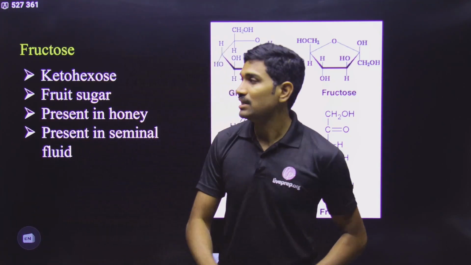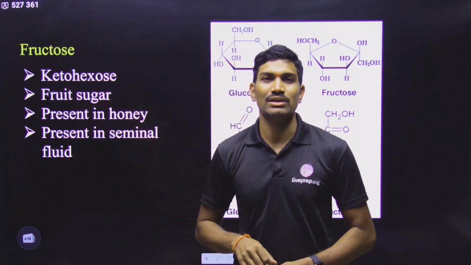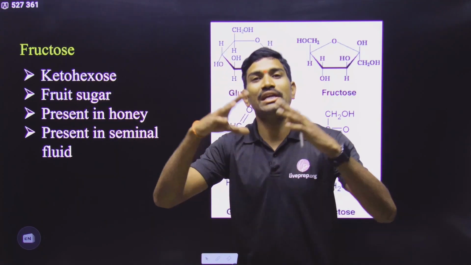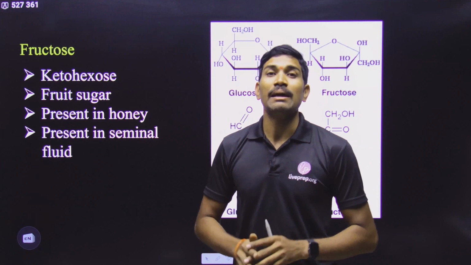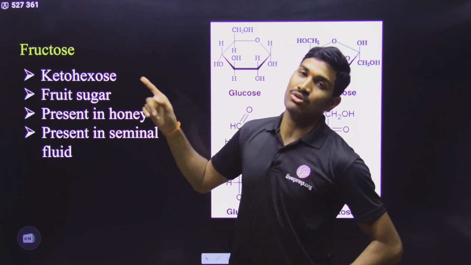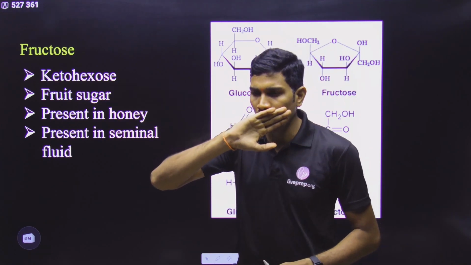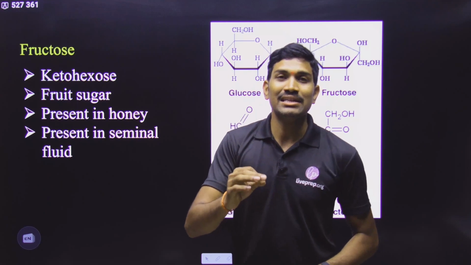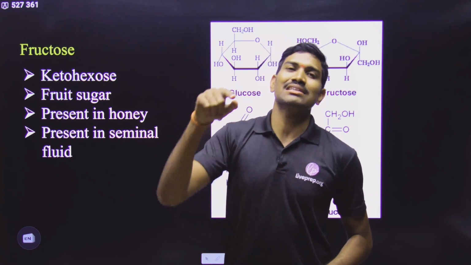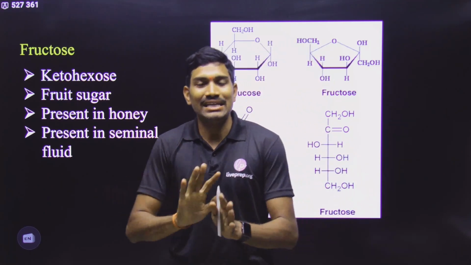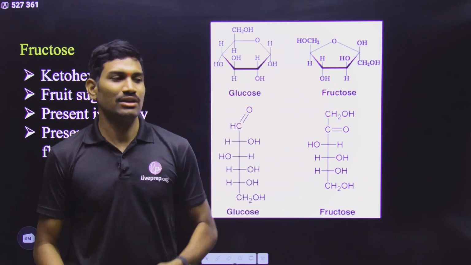But still, why fructose is called as fruit sugar? Because even though many types of sugars are present, major content is fructose. That is the reason why it is called as a fruit sugar. It does not mean that only fructose is there, glucose is absent.